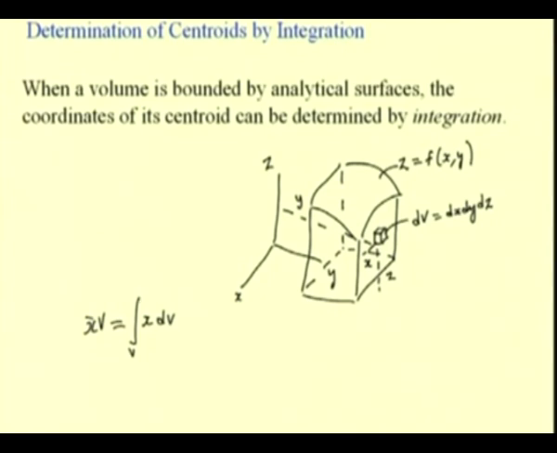Now, if we choose proper elements, like instead of choosing this kind of an element, we can choose for this analytical surface a thin column of volume which is having dimensions dy and dx, and along the z the length of this column is equal to the z coordinate of the surface, and we can now integrate this only along say x and y, and we do not need to integrate along the z axis.